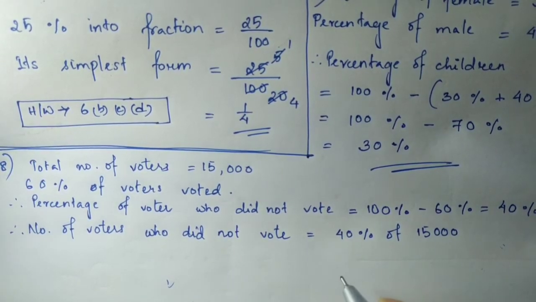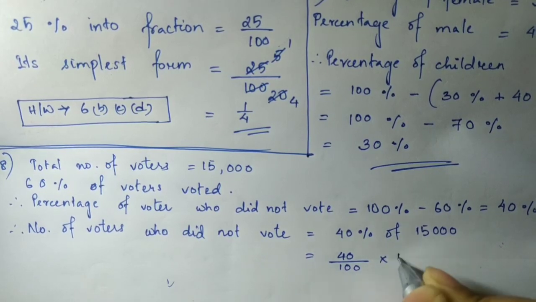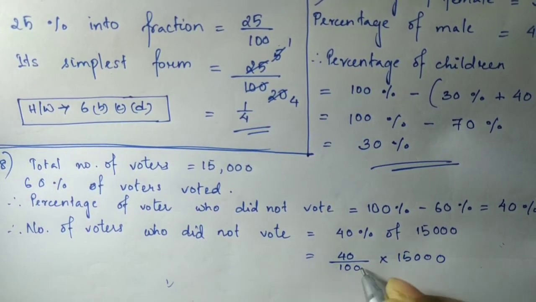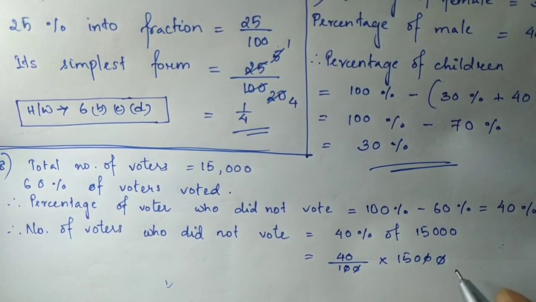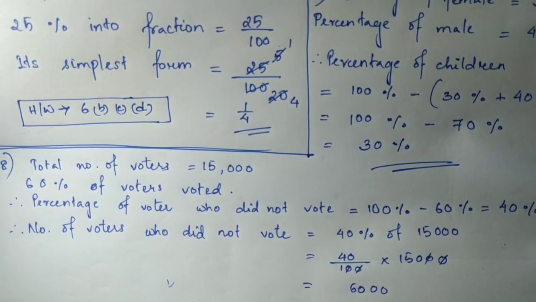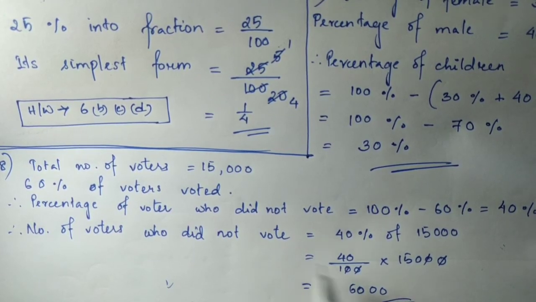Okay, now let's calculate it. 40 by 100 into 15,000. 1 gone. So 40 into 150. Let's multiply this. If you multiply, you'll get 6,000. That means 6,000 people did not vote.